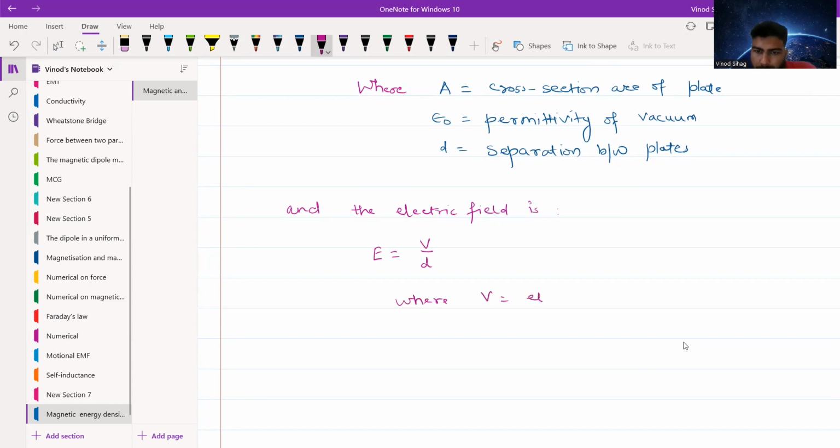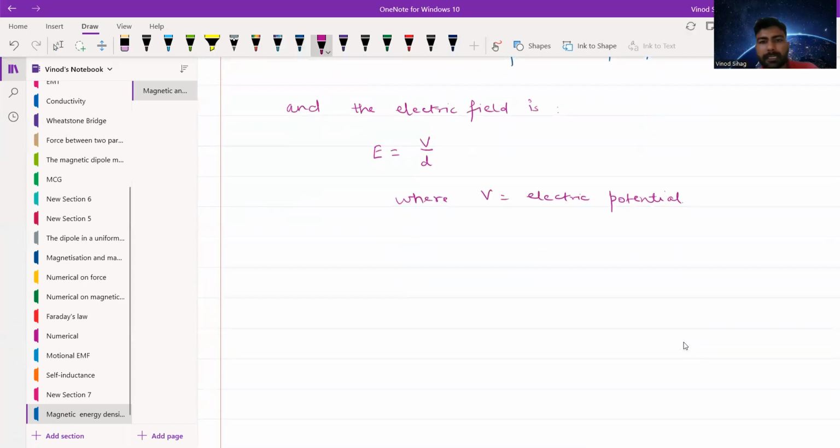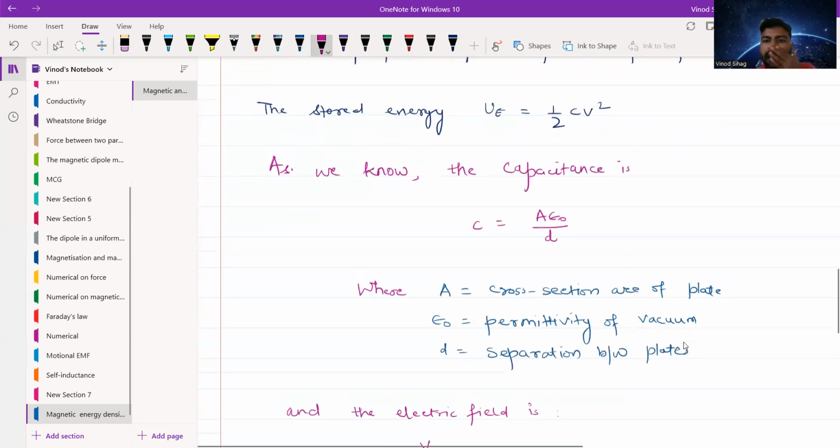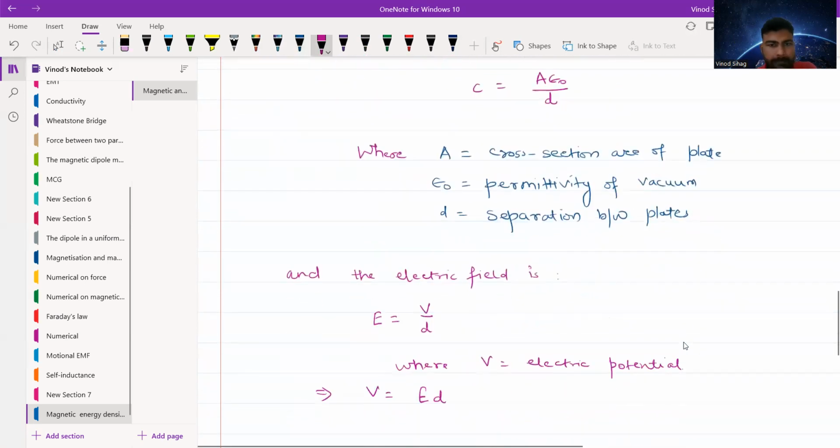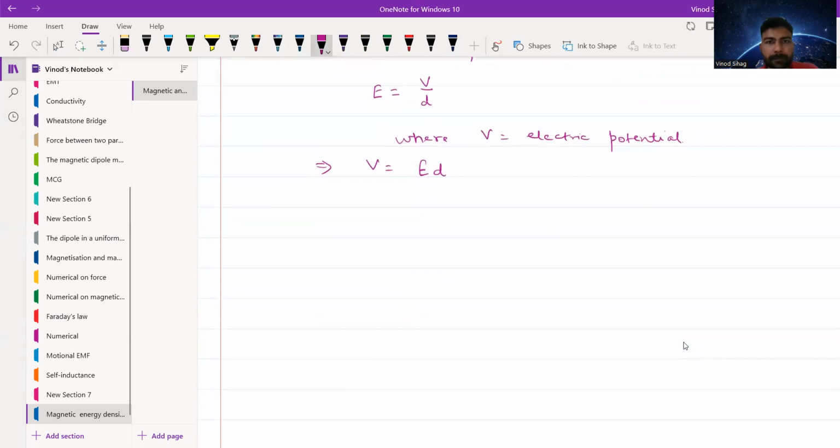Now, what will be the electric potential in terms of electric field? If we derive, it will be V equals E times D.